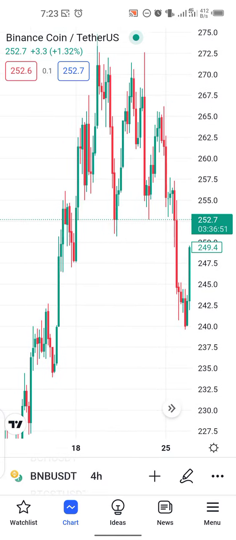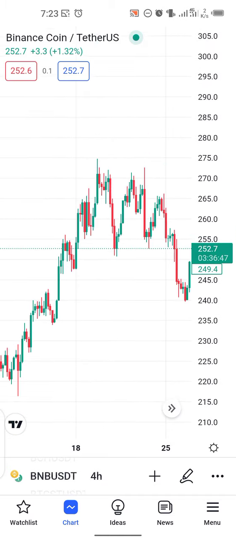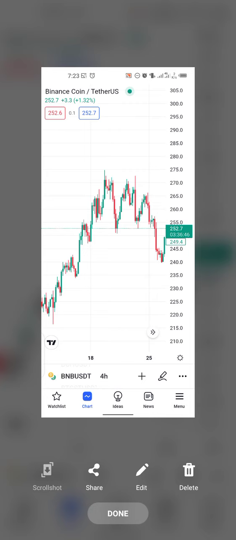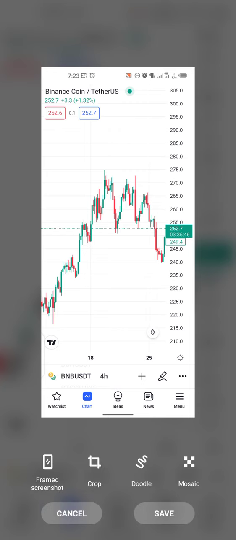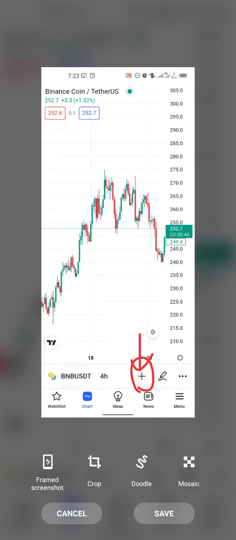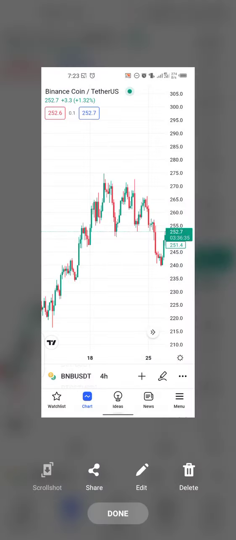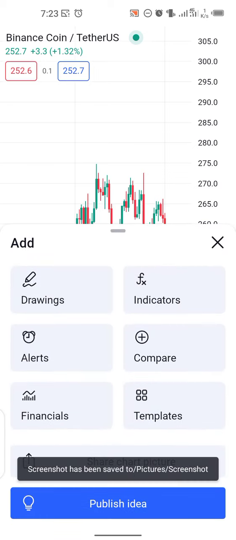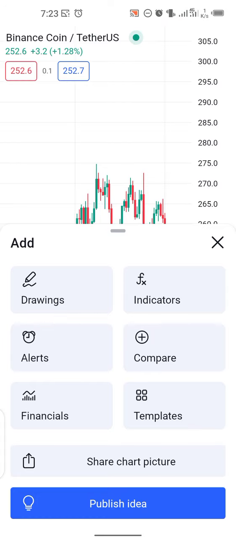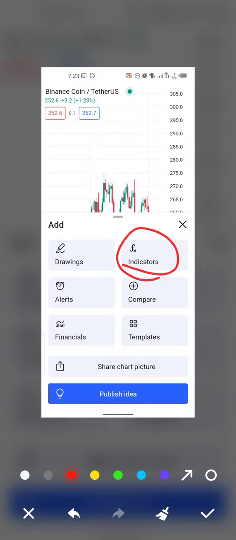Now, having said that, let's go to the indicators. So, gentlemen, to put in our indicators, we shall go to this plus sign. We tap on the plus sign, and we shall be able to choose what we call FX indicators.